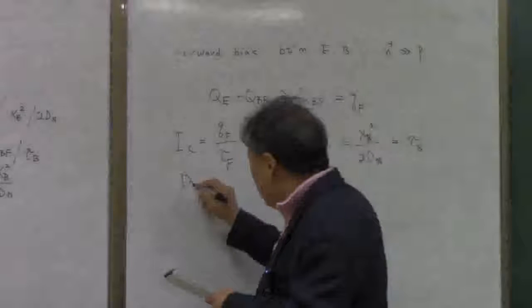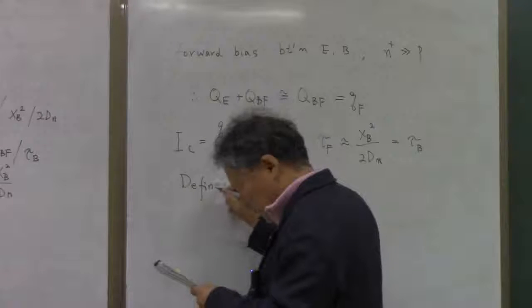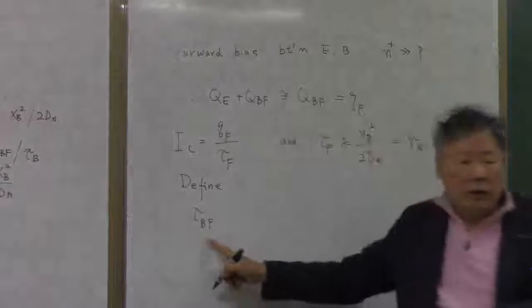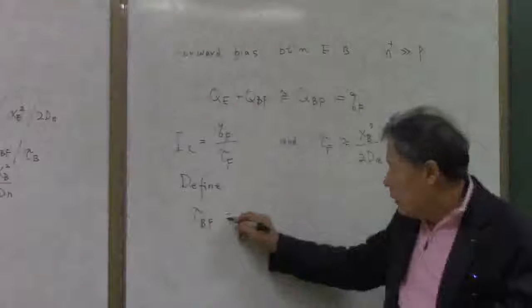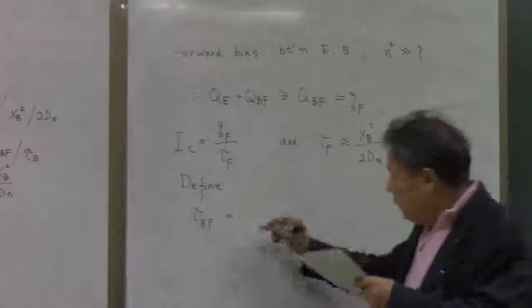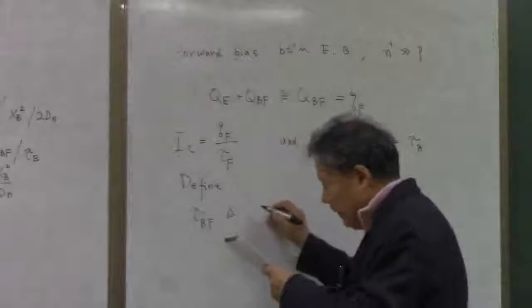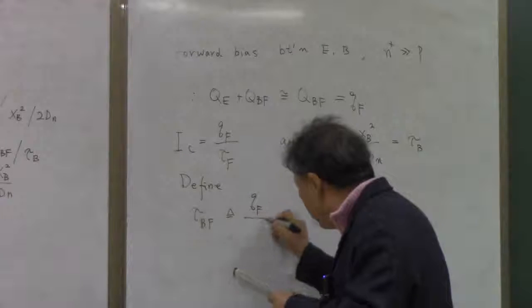And define tau BF. This is a new definition. Okay? Tau BF, and we just define this tau BF as QF over QE.